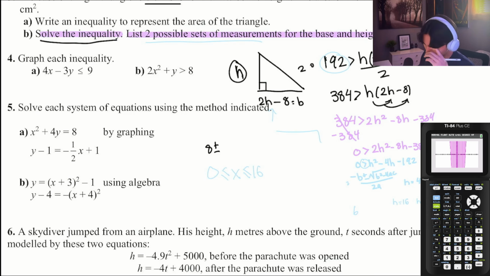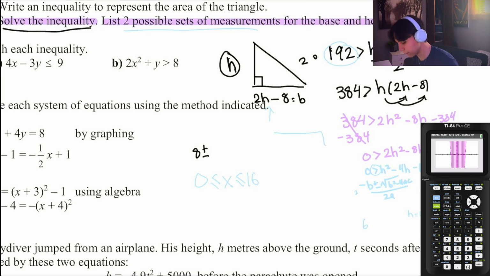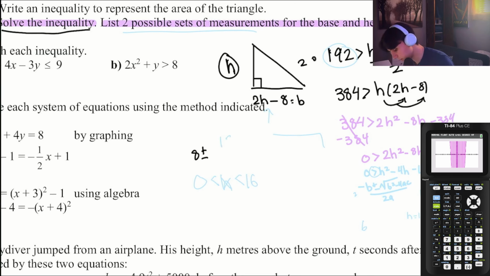So let's try this. If I pick a height of any number between 0 and 16, so this should be not equal to. Yeah, but any number that's not 0 or 16 here. So let's say I pick 15.